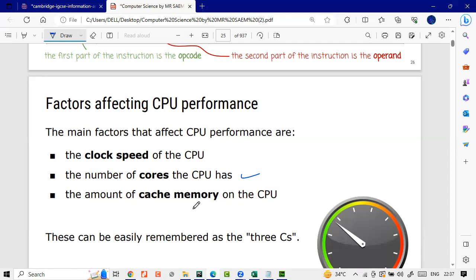The amount of cache memory is very important. Cache memory is the memory that you have inside the processor. If it is bigger, the fetch, decode, execute cycle that we were just talking about can be done a lot more, because I could get more data fetched in, decoded, and executed.